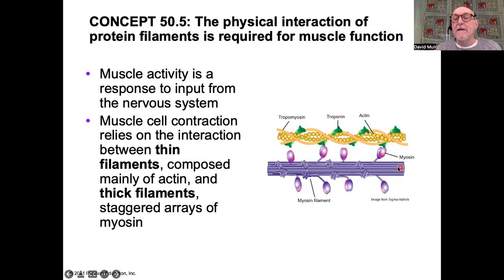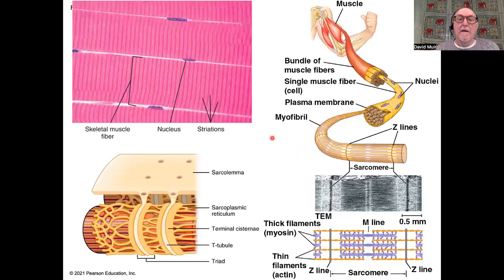So the myosin forms this thick filament here, and the thick filament is going to interact with the thin filament to produce movement. So we need to have a careful look at how the muscle cells are organized to understand how the movement is actually produced. So I want you to just follow along here on this diagram for a minute.